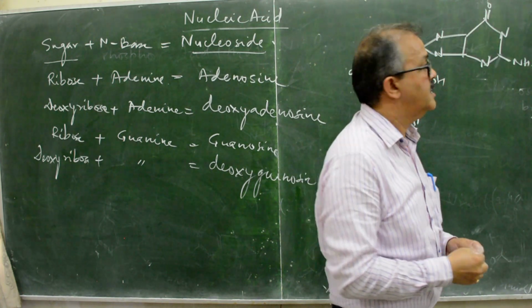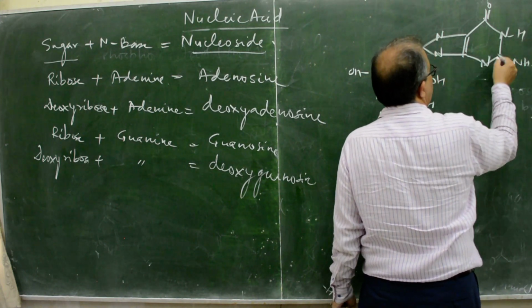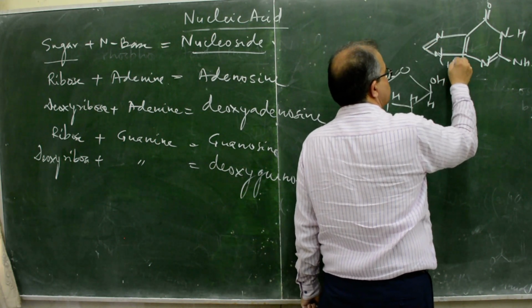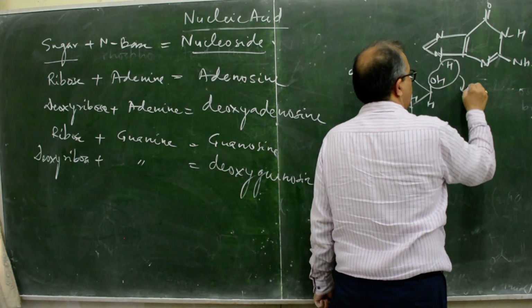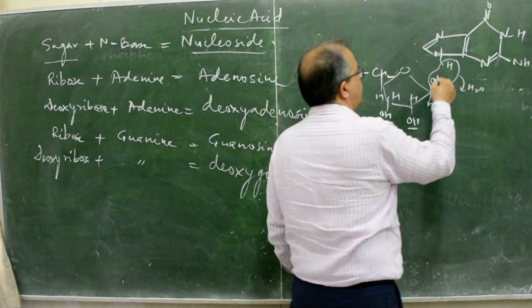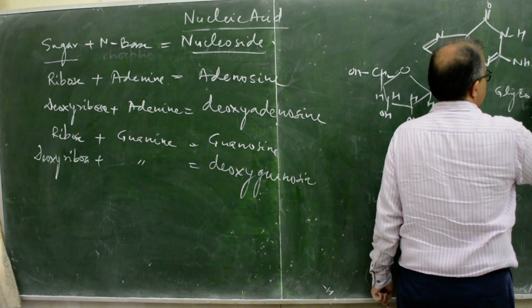This is guanine. One molecule of H2O is lost, forming the glycosidic bond.